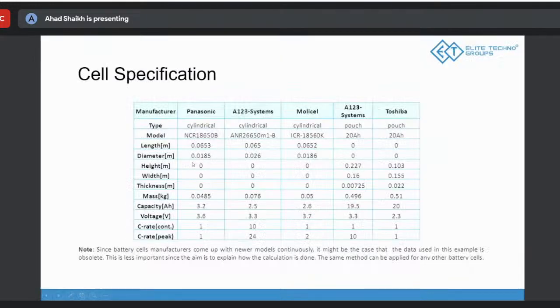Yeah, this one. So this is a base for our next calculation. Some of these parameters we will be using to find out some outcomes.